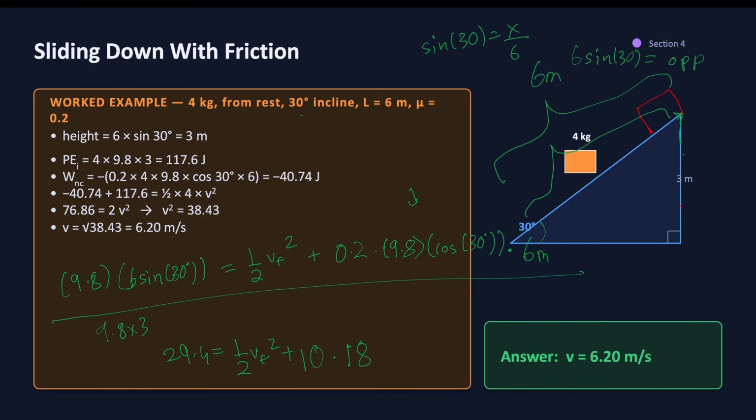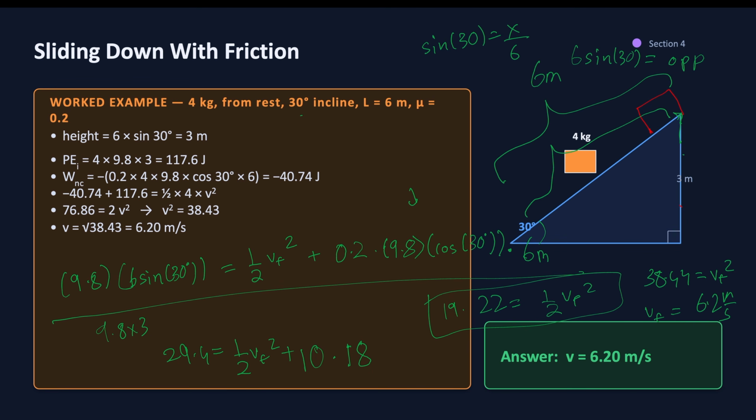Which leaves me with 19.22 is equal to 1/2 v final squared. I multiply both these sides by 2, and I get 38.44 is equal to v final squared, which means v final is just the square root of 38.44, which is 6.2 meters per second. All right.